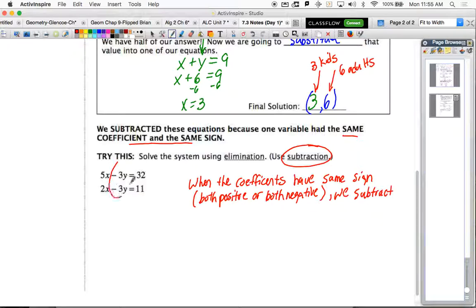All right? So right here, you can make a little arrow: we subtract the equations. So when they're negative, negative, or positive, positive, we subtract the equations together.